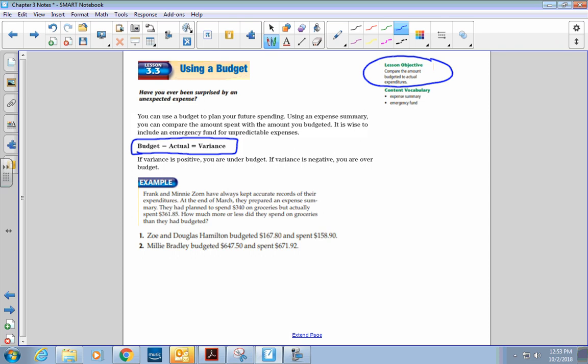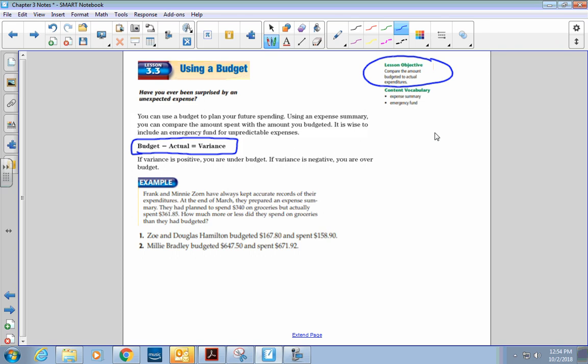So if you take your budget, subtract out what you actually spend, and get a positive number, it's a good thing. You haven't spent over your budget. If you take your budget amount, minus out what you actually spend, and you get a negative number, negative is a frowny face. That is bad.